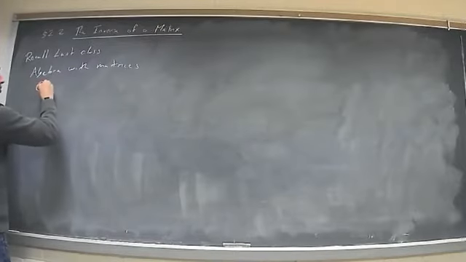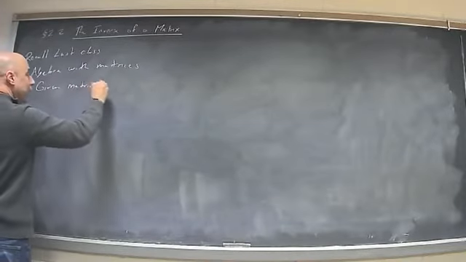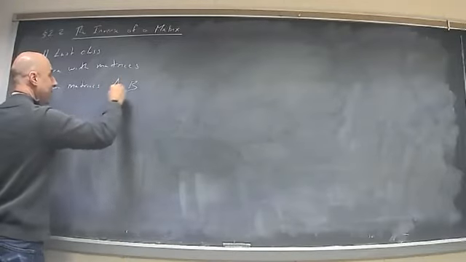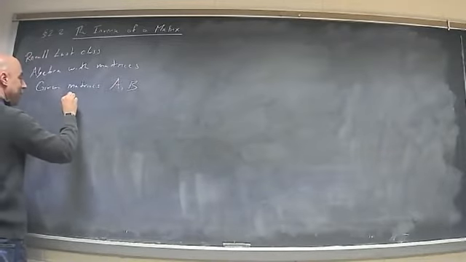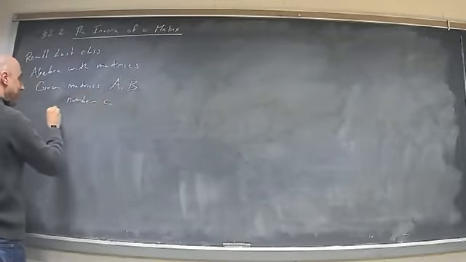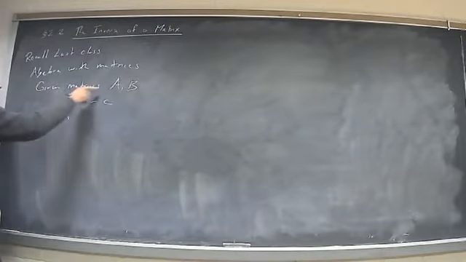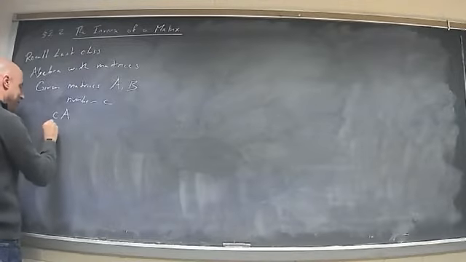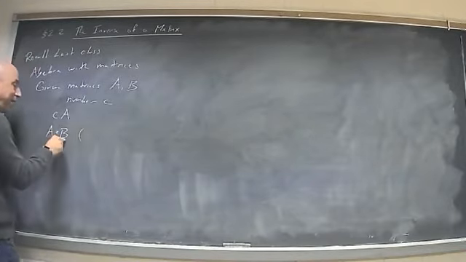So given matrices A and B, we could take C as a number. We could take C times A. You could take the matrices A and B and add them as long as they have the same size.